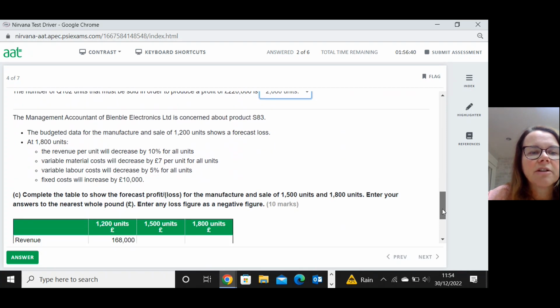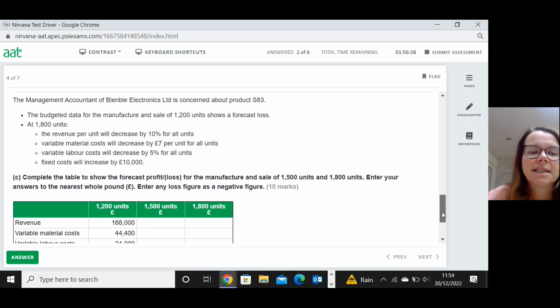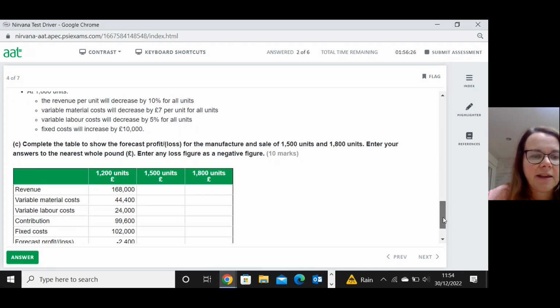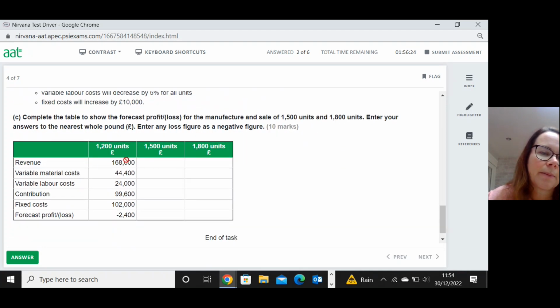The management accountant of Blemble Electronics Limited is concerned about product S83. The budgeted data for the manufacture and sale of 1,200 units shows a forecast loss. And we can see that here in this table. Forecast loss of 2,400.